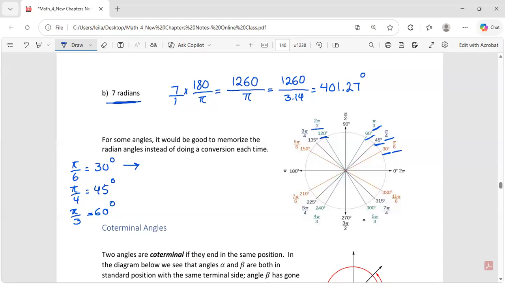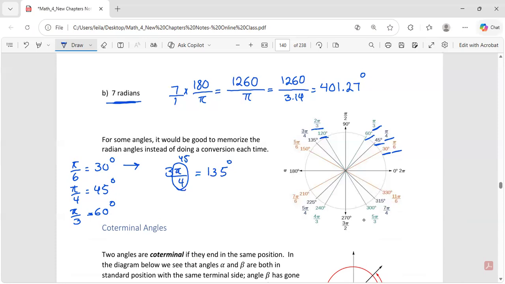For example, when they ask me 3 pi over 4, I know that pi over 4 is 45 degrees. So 3 times 45 is 135. So it's easier to find the measures instead of just multiplying and simplifying the fraction, we can convert it faster. And since the denominator was 4, I knew that should be a multiple of 45 degrees.